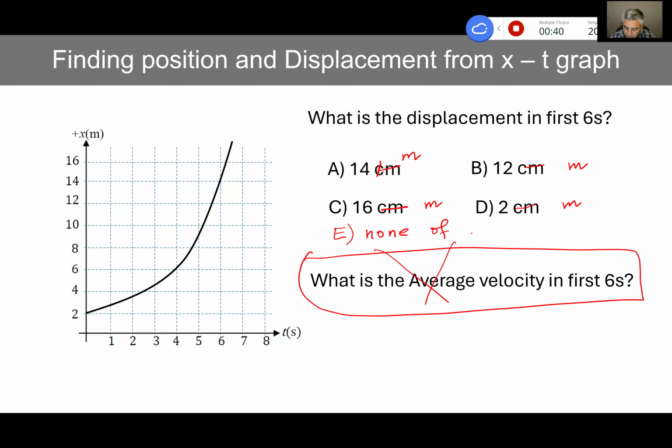I added one more option here. Thirty more seconds.